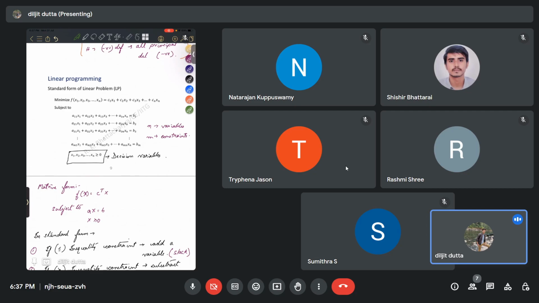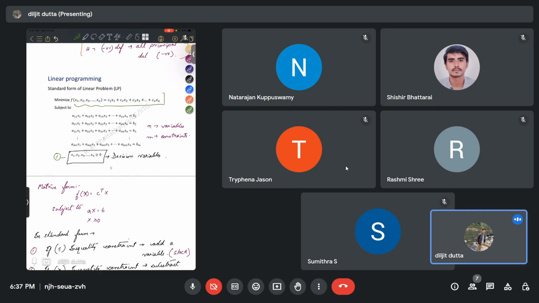There is no non-linearity in the optimization problem. So if you are taking a multivariate optimization problem, the function will be a linear function. There are n variables x1 to xn, and the first and foremost condition is that all the decision variables should be greater than 0.